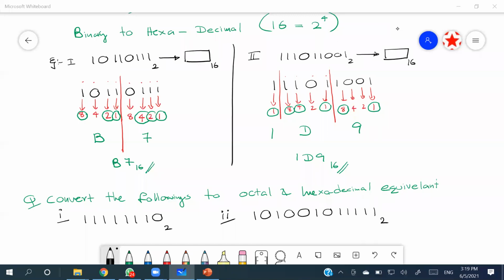Yes, that's correct for the second one. Yes, Osanda, first one is correct.